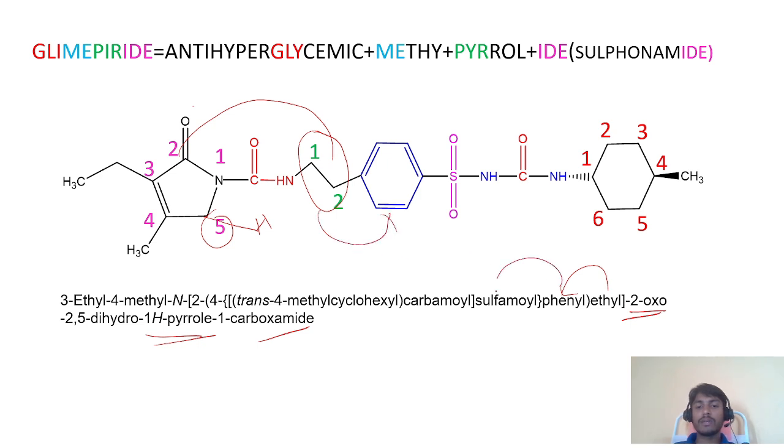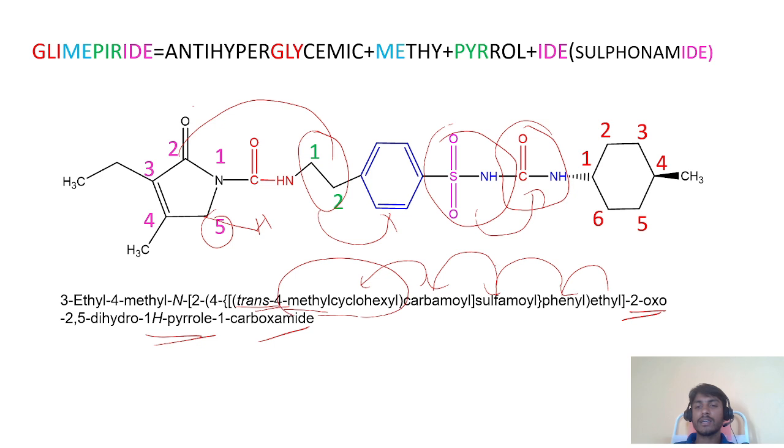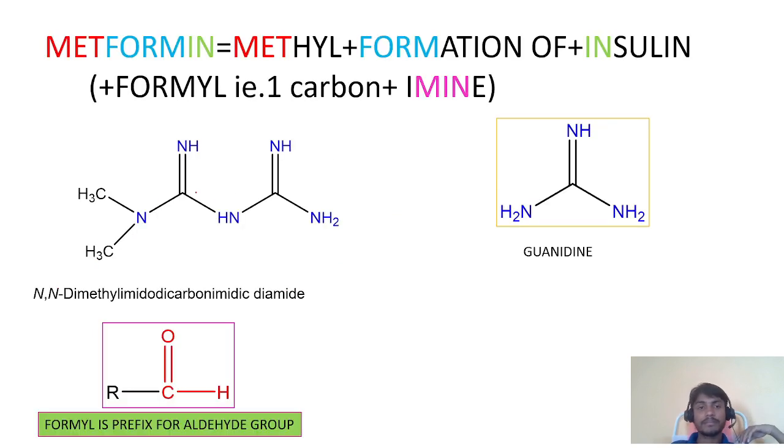Phenyl group can be attached to the sulfonyl group. Sulfonyl group can be attached to the carbamoyl group. Next, carbamoyl group that is trans-4-methylcyclohexyl. So the fourth position contains a methylcyclohexyl group. Third position contains an ethyl group. Fourth position contains a methyl group. So this is the IUPAC name of glimepiride.